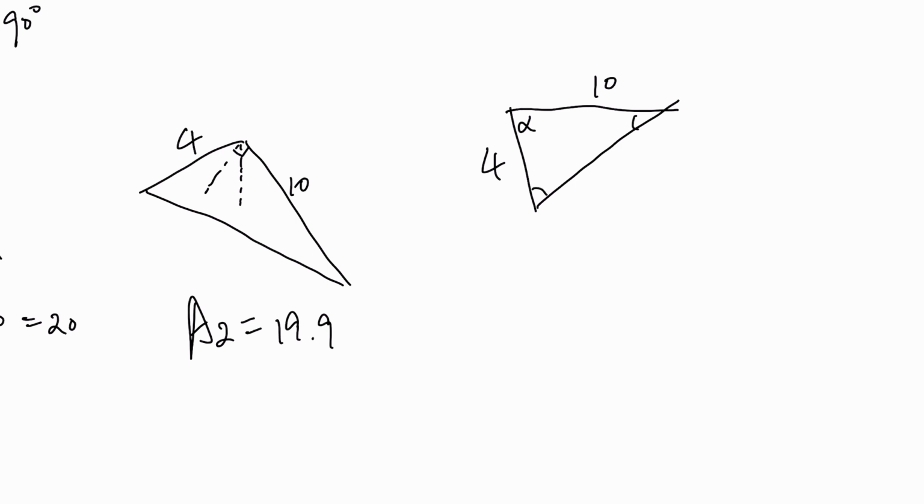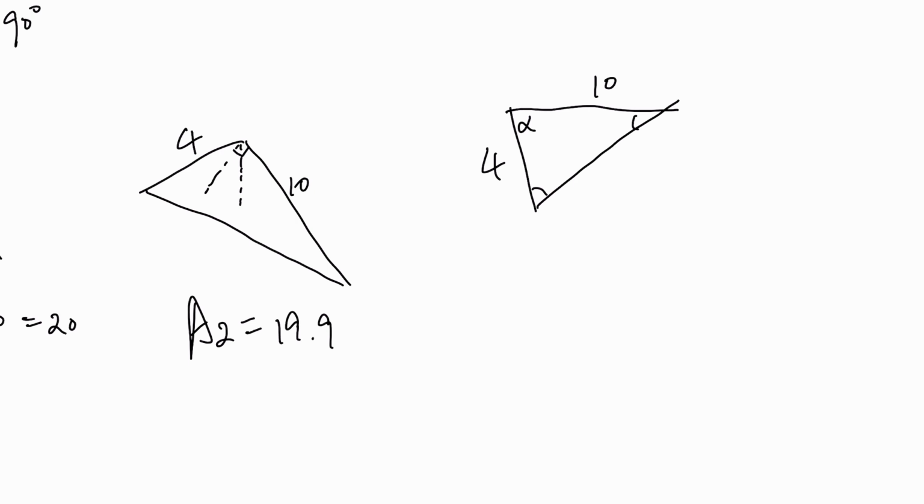If all of these are acute angles, then we would have an acute triangle, and that does not count in tau. The only unique triangle that is obtuse in this case would be extending this, and we get the triangle looking like this, which means that we need to somehow find a way to bound the smaller side.